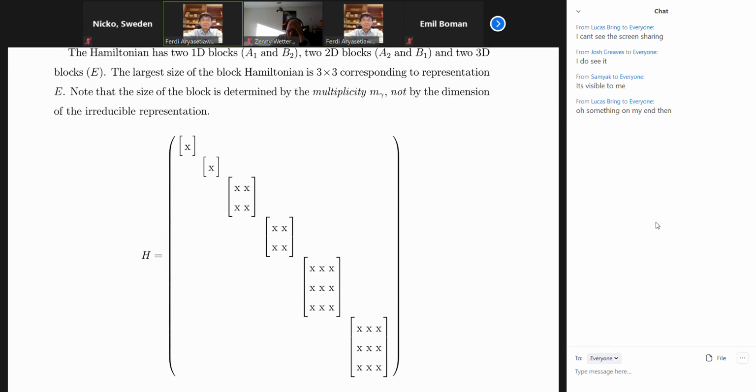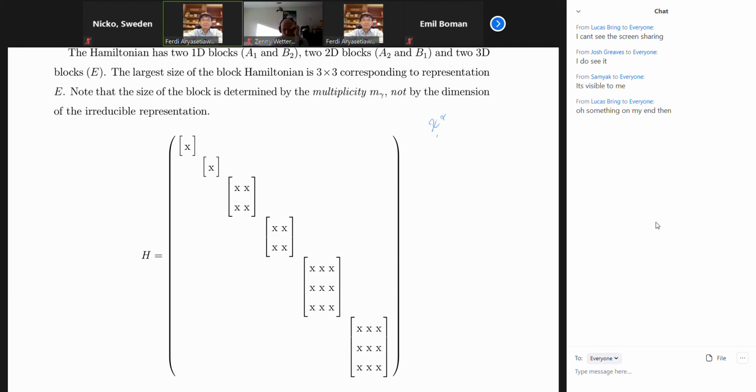And the E representation is two-dimensional, so that's why the 3 by 3 appears twice here in the Hamiltonian. The Hamiltonian looks like this, and of course the way it looks depends on how we order the basis functions.